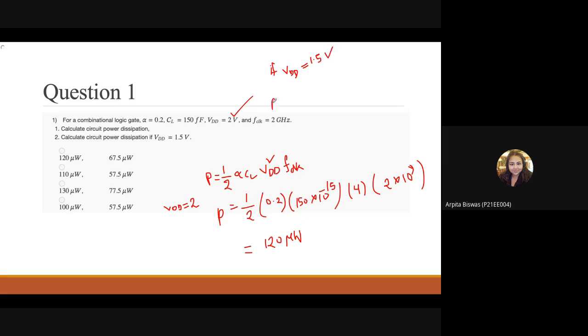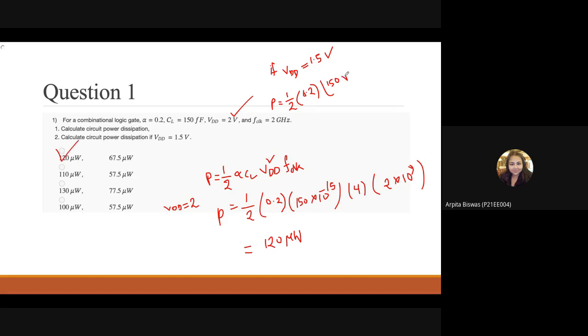P equal to half of alpha. Alpha is 0.2. Then CL, same CL value, 150. 67.5 microwatt, ma'am. Yes, 67.5. So right option is option A.